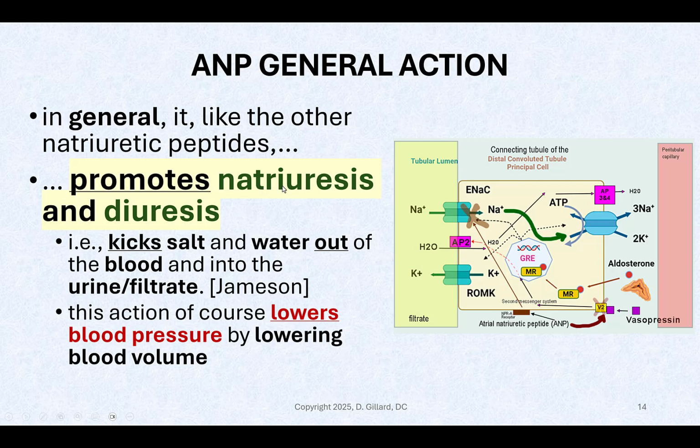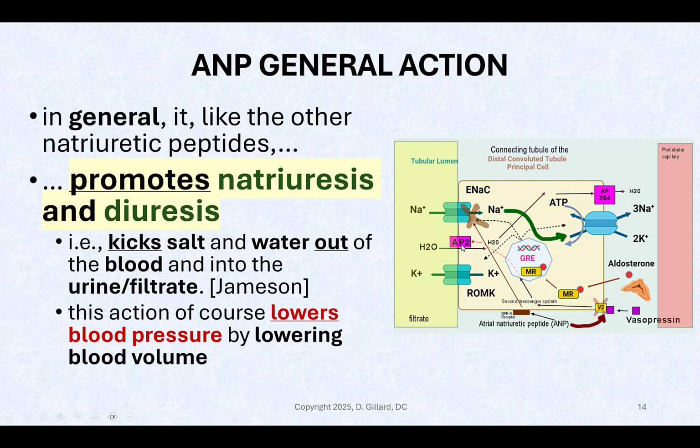So that's sodium in the urine. And it promotes that because it blocks the sodium epithelial channels. So sodium's trying to get out of the pre-urine or the filtrate or whatever you want to call it, the river water. It gets out normally, but not today, not if there's ANP around. So therefore, you're going to have kind of salty urine.